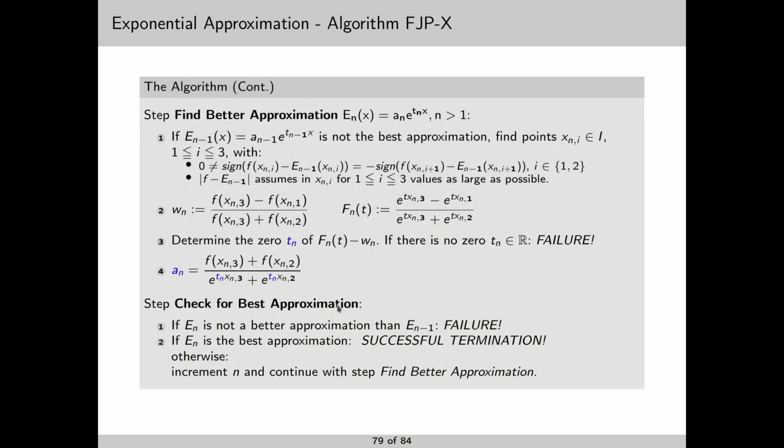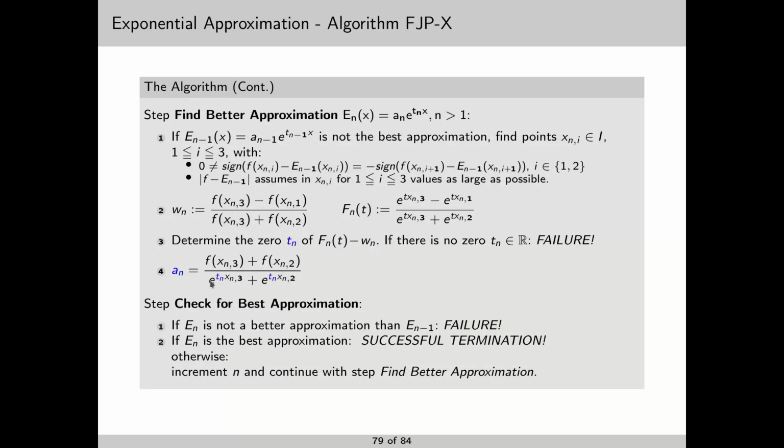For the calculation of a better approximation, find points x and I such that the signs of the error function at these points are alternating and they are local extrema. Compute constant Wn, determine 0 of function capital Fn minus Wn. If there's a 0, this then is the coefficient Tn. Otherwise, the algorithm fails.